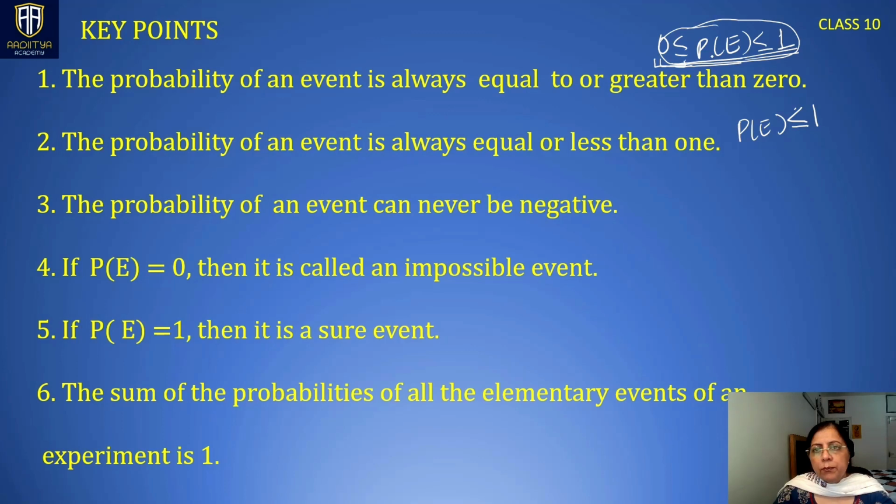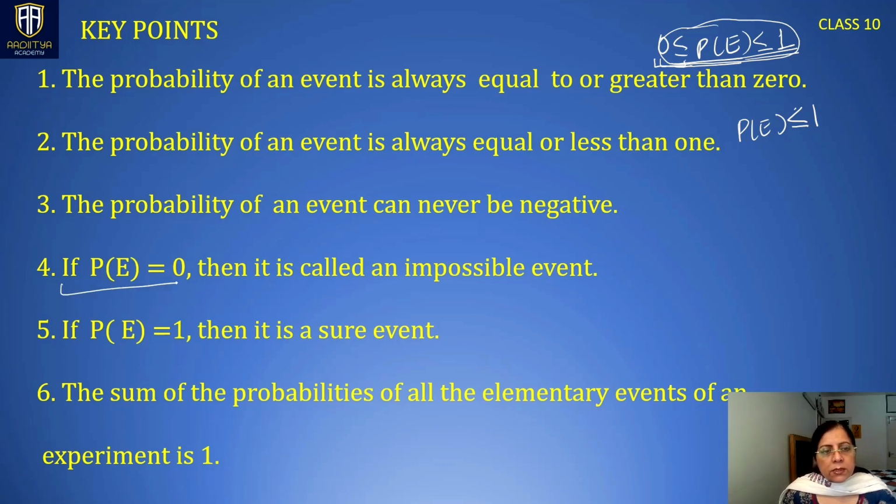That the probability of any event lies between 0 and 1, both included. Probability of an event can never be negative. See, like we say, the length of any object can never be negative because it's a positive value. Similarly, the probability of an event can be 0 in worst case if it is not possible at all, but it can never be negative.